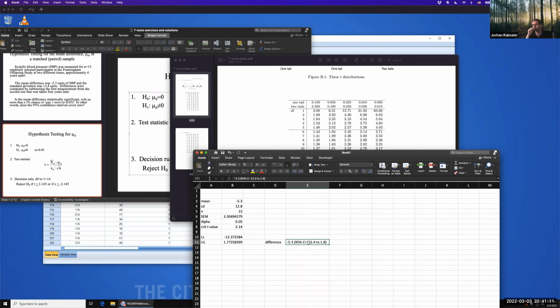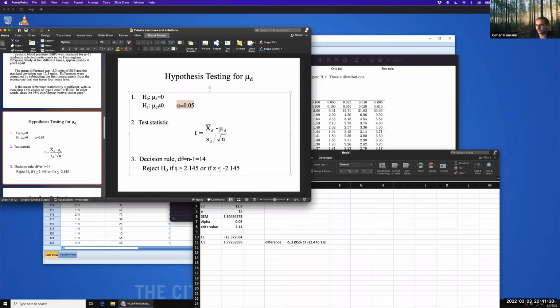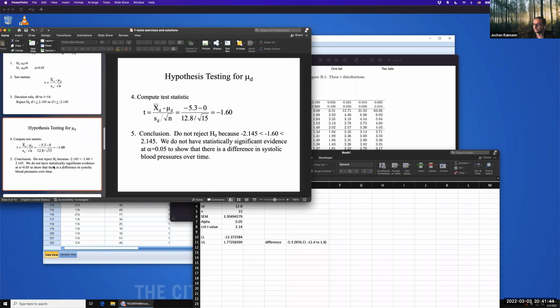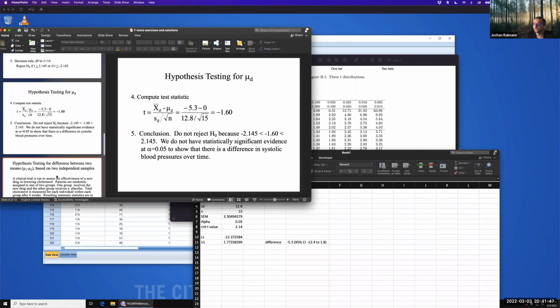Again, you are assuming that your null hypothesis is that the mean difference is essentially 0, and you reject this if your p-value is smaller than 5%, or if your t is greater than 2.14.